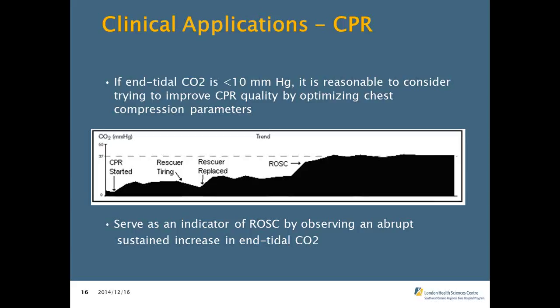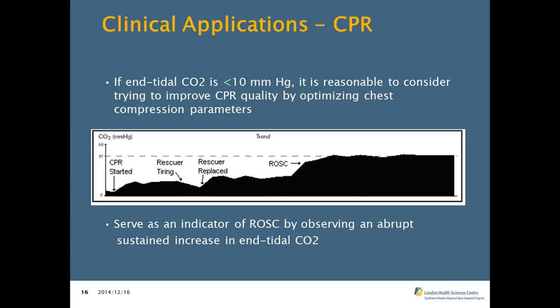So some studies have shown that if our end-tidal CO2 level is less than 10 millimeters of mercury, we can consider that it's possible that we need to improve our CPR quality by optimizing our chest compressions, i.e. that a rescuer is tiring. So you can see as they replaced the rescuer, the end-tidal CO2 went up. So that's just one way to maybe notice if we need to replace our rescuers.